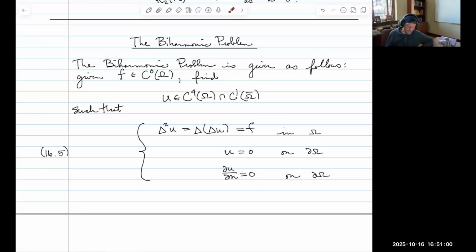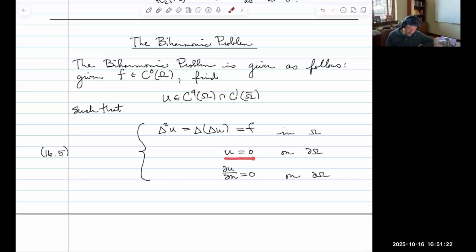So what are the boundary conditions for this problem? The boundary conditions that we're going to use are what we call clamped type boundary conditions. The big difference between this and the second order problems is we need two boundary conditions simultaneously on the boundary.